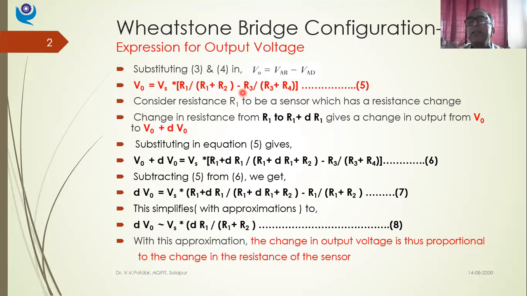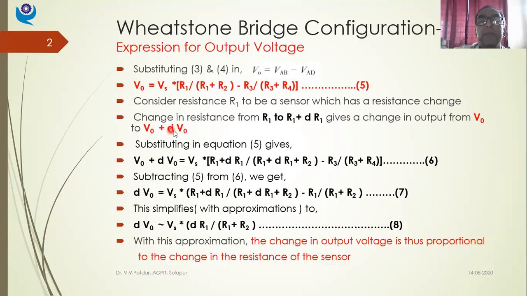That small change could be because of strain change, length change, or maybe temperature change. So resistance R1 is changing. Consider R1 to be a sensor which has a resistance change dR. Change in resistance from R1 to R1 plus dR1 gives a change in output from V0 to V0 plus dV0.